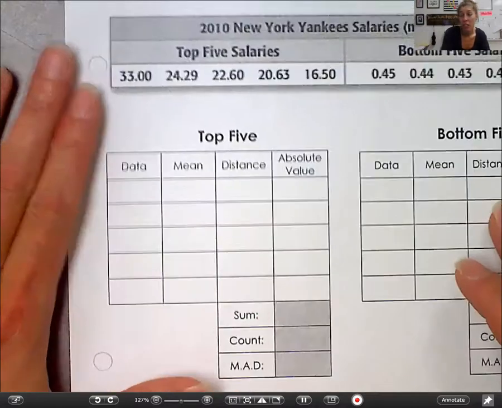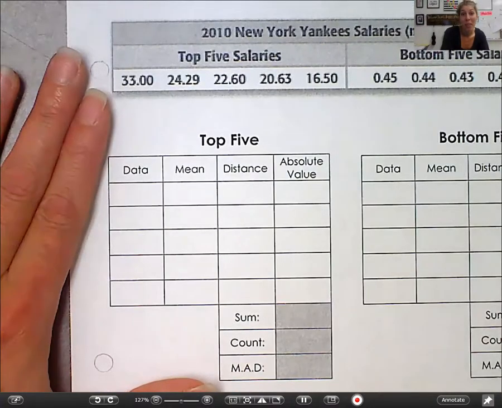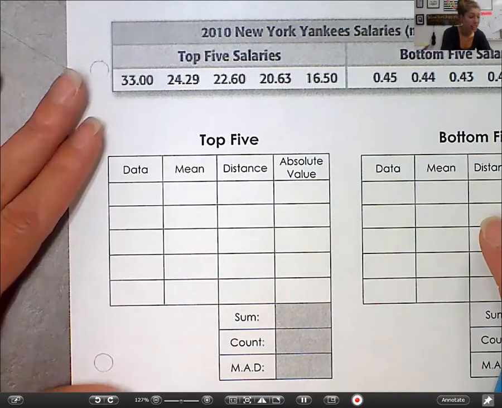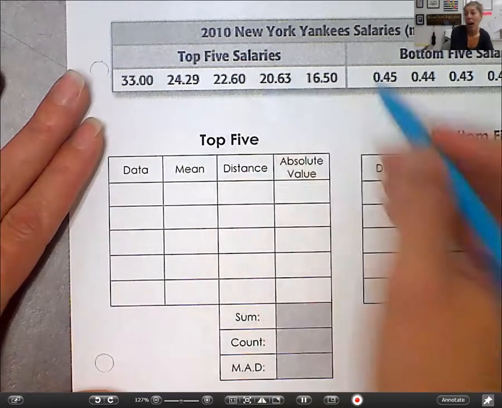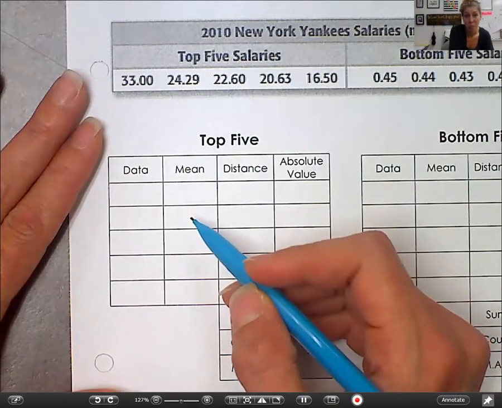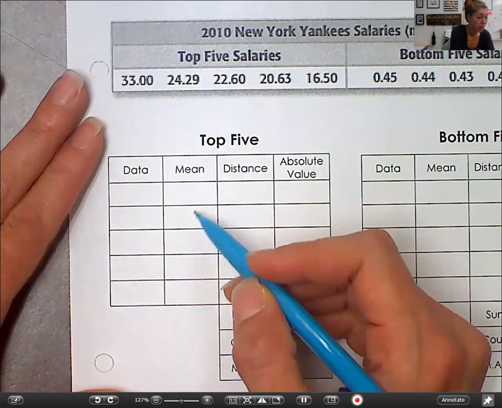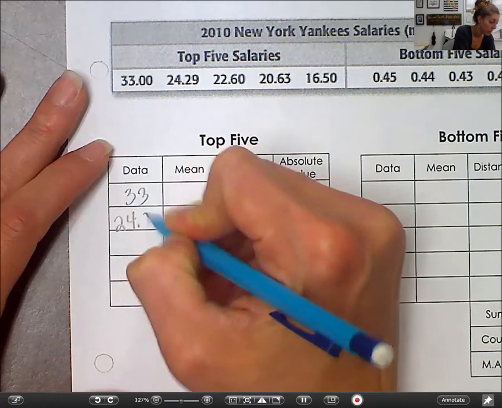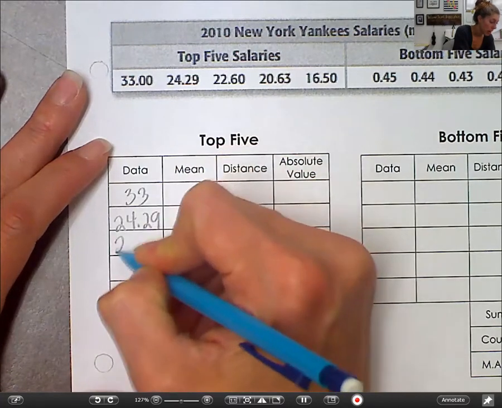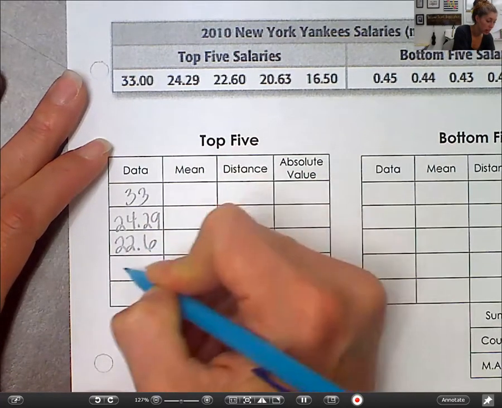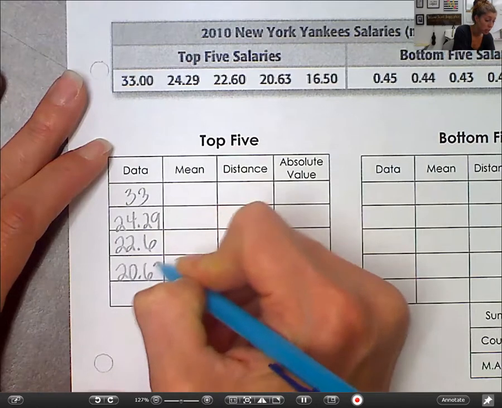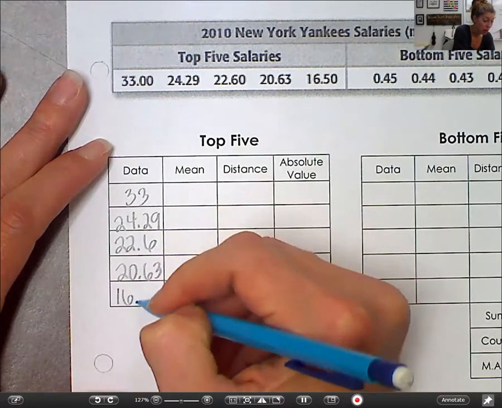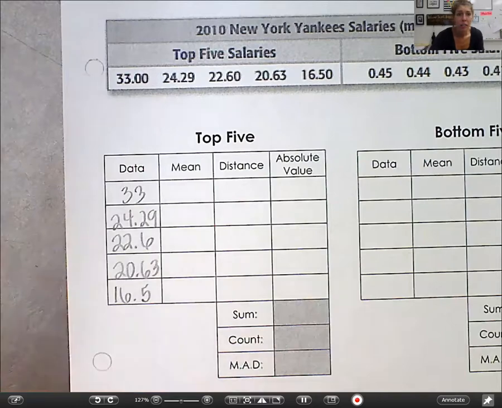So the first thing you're going to do when you calculate the mean absolute deviation of a set of data is find the mean first, okay? Now I'm going to copy all these numbers down here just to really organize my work.